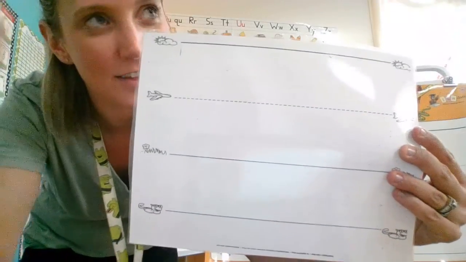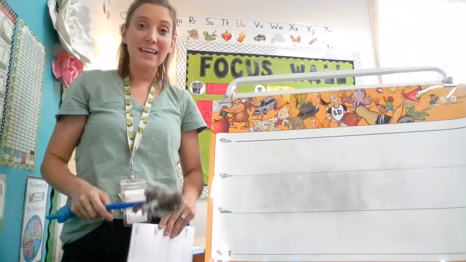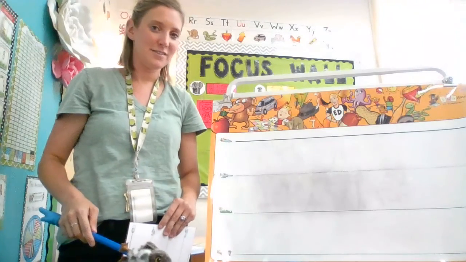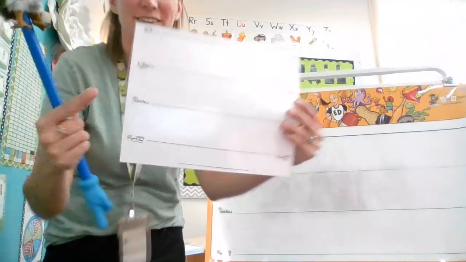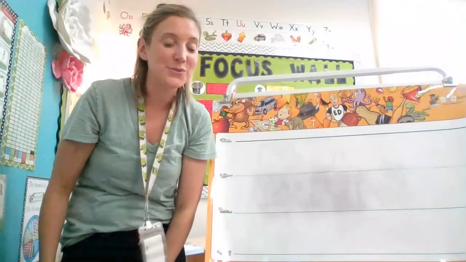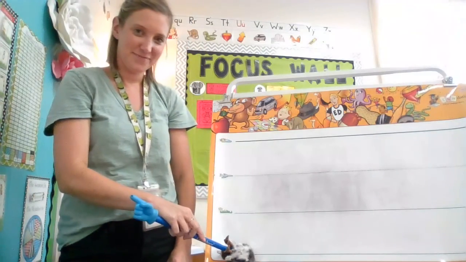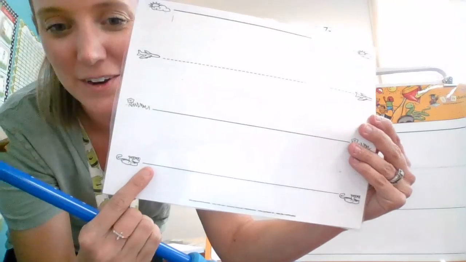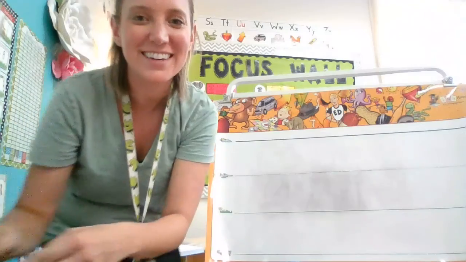Remember, the skyline is at the very top where the sky is. Point to the plane line. Very good, the plane line. Now point to the worm line. At the very bottom, right? The worm line. Awesome job, you guys.